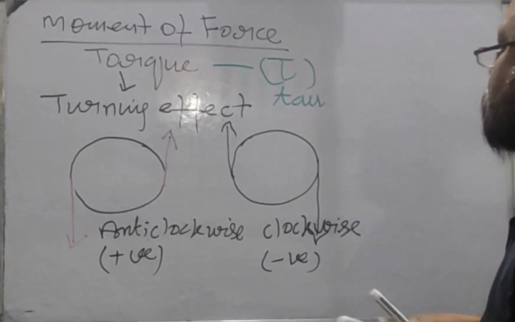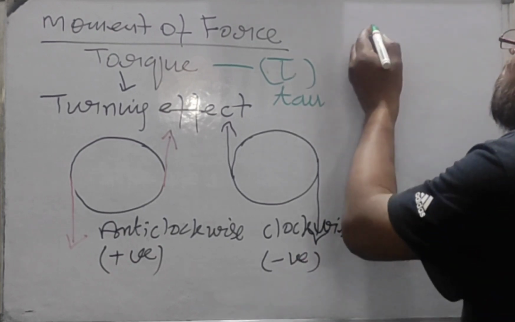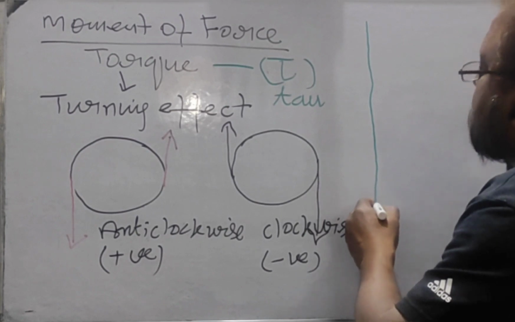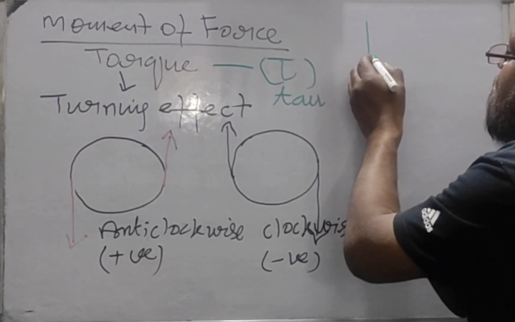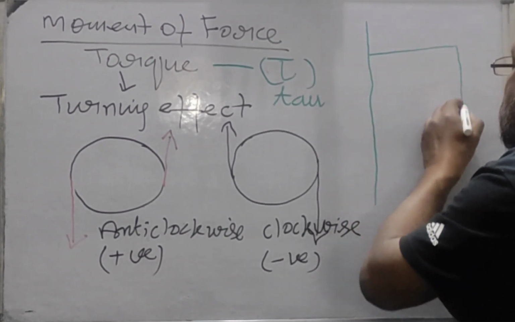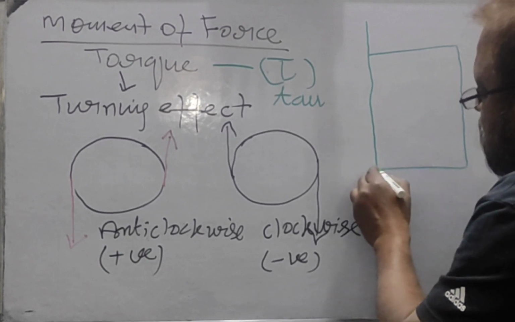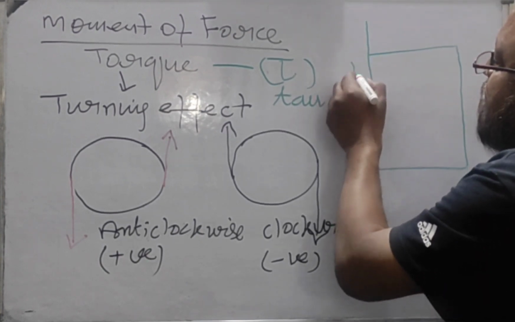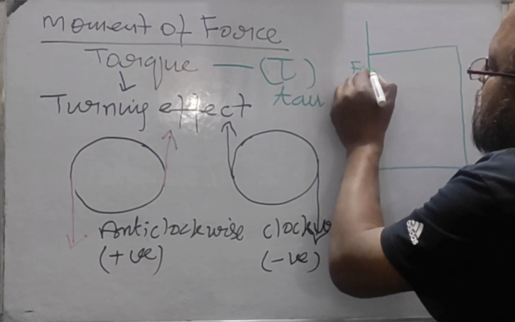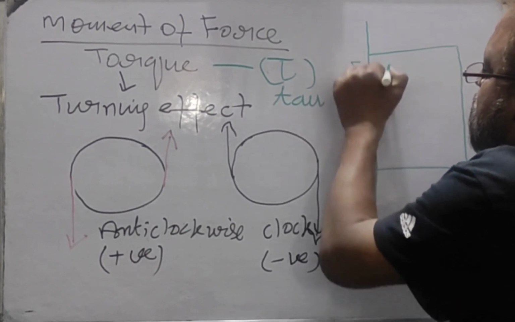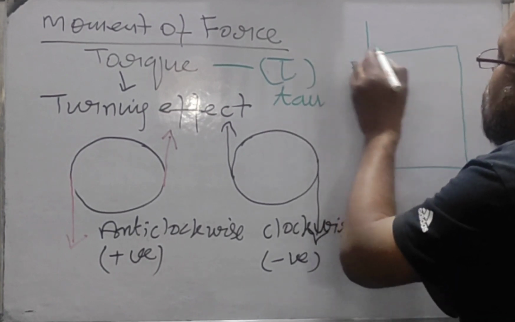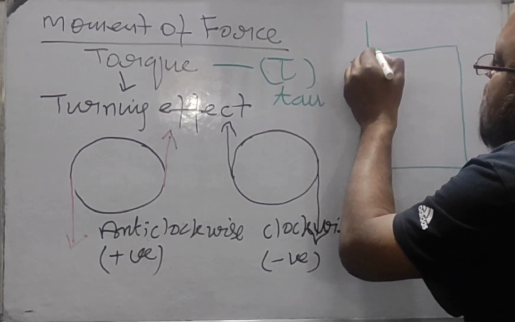Say this is a wall, and there is a door. This is the fixed end, and your door is rotating about this axis.